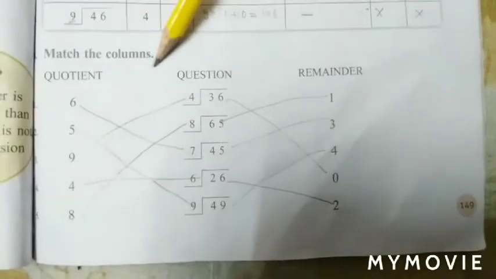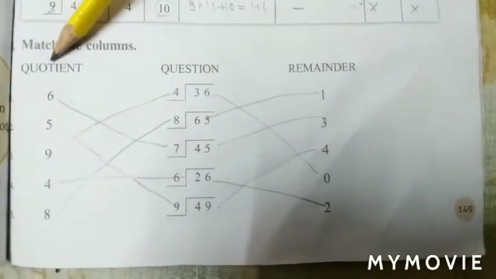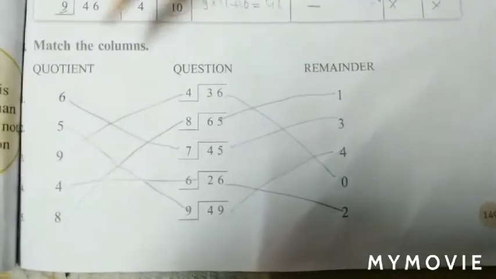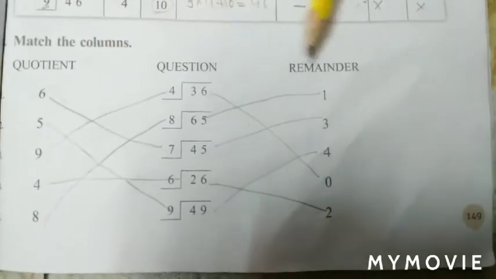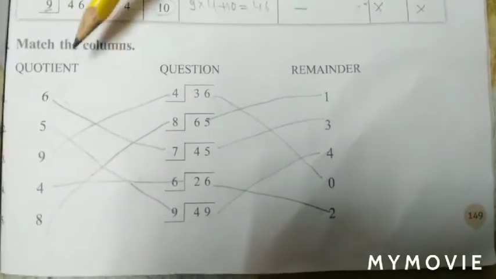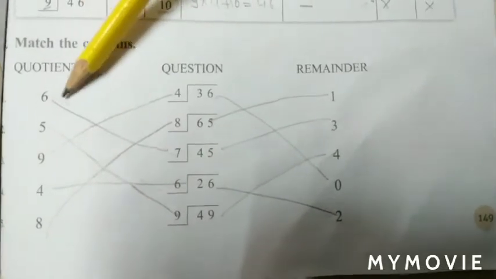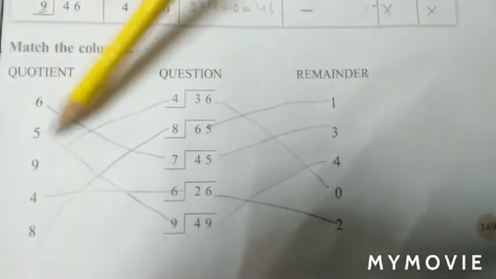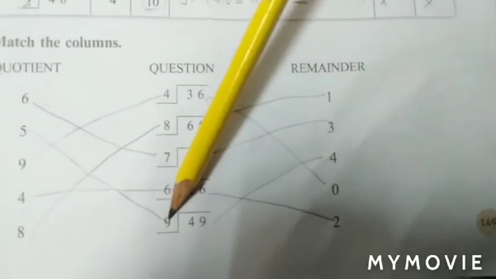Match the column. Next question. So here 3 columns are given: quotient, divisor and remainder. You have to match quotient with divisor and remainder. So first is 6. We will match this with 45 divided by 7 and remainder will be 3. Then 5. We will match it with 49 divided by 9 and remainder will be 4.